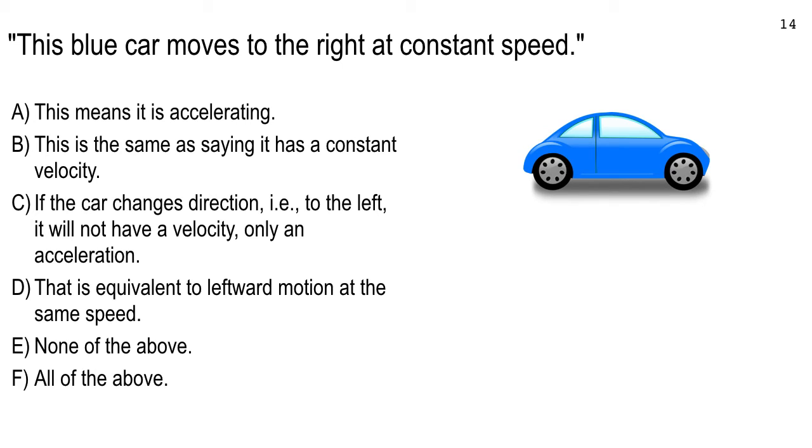But the students can't select option F for this anyway, so it's not a danger. Okay, the blue car moves to the right at constant speed. Okay, 20 seconds to vote.